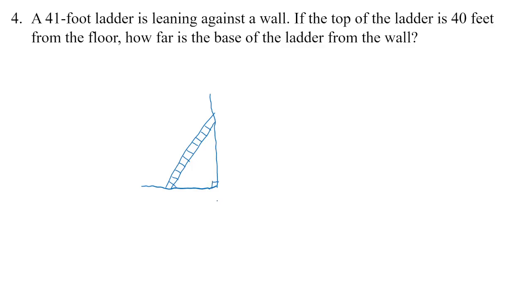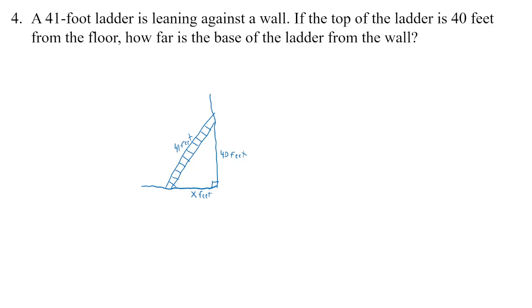Now it says a 41-foot ladder, so this is 41 feet. The top of the ladder is 40 feet from the floor, so this is 40 feet. And you're looking for how far the base of the ladder is from the wall. So let's call this x.